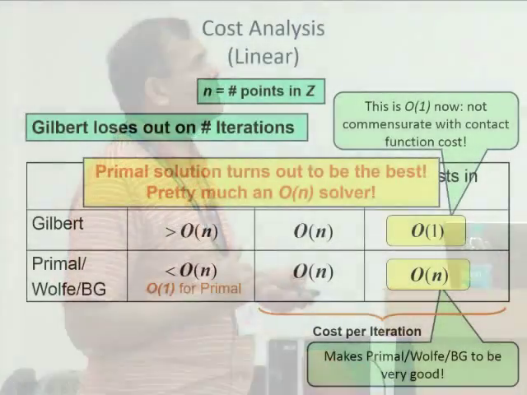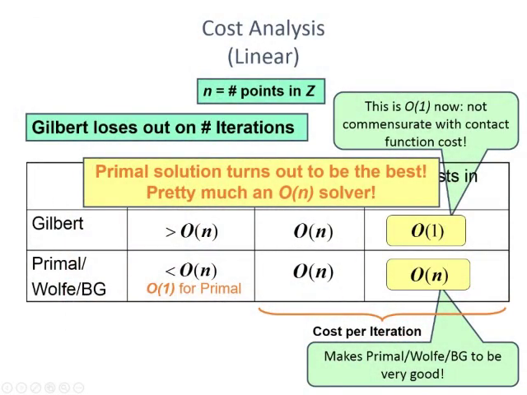Gilbert is doing a lot of work in the contact function, but at the same time is not doing as much here, whereas these two are very nicely commensurate with each other. And so Gilbert loses out on the number of iterations because the contact function is the one that's going to dominate, and therefore the method that has fewer iterations gains. So the primal solution turns out to be the best actually. It's pretty much an order n kind of solver.